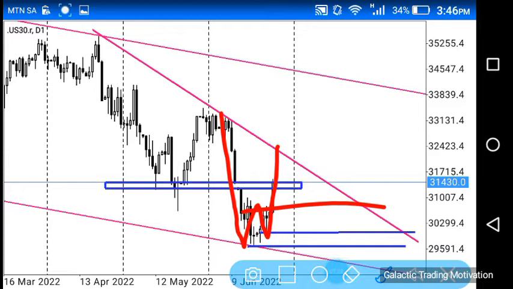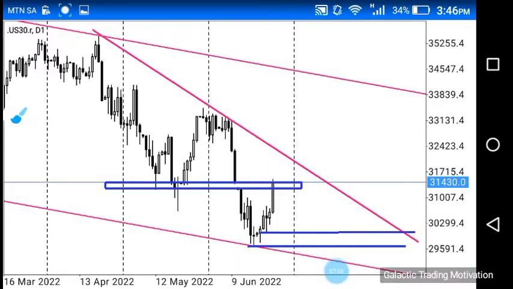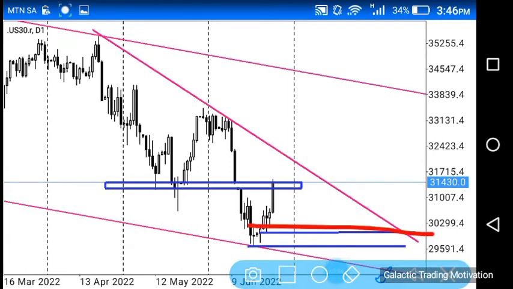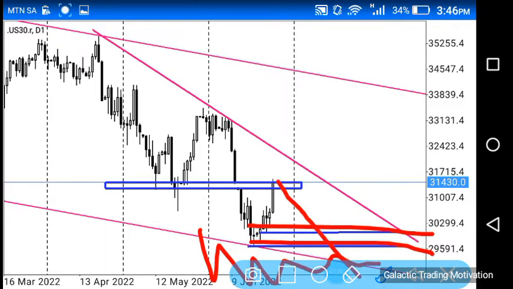Because it's a W formation, a lot of people bought in this region and others bought on the break of that neckline, putting their stop losses just below and at the bottom of that W formation. So over and above us having these two liquidity points, we also have a lot of liquidity at this point in the form of stop losses, and the market may come down to grab one of those stop losses and then possibly push further up, right?